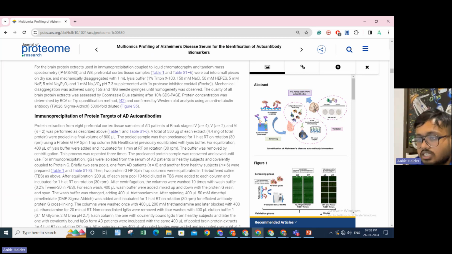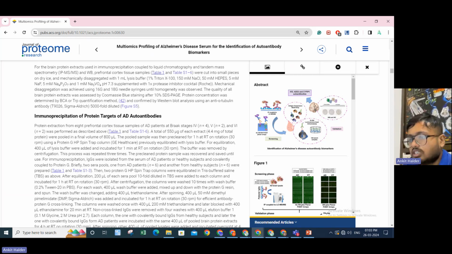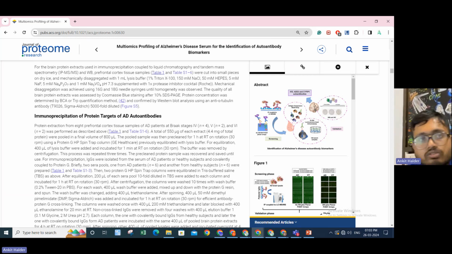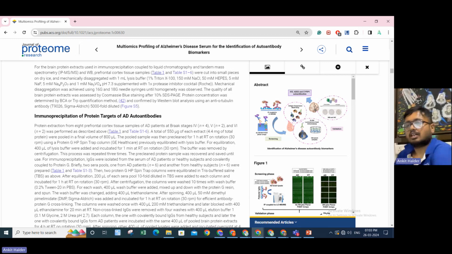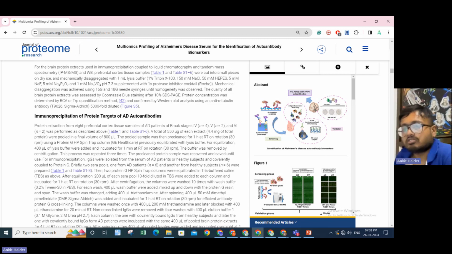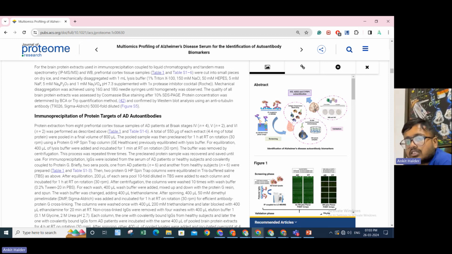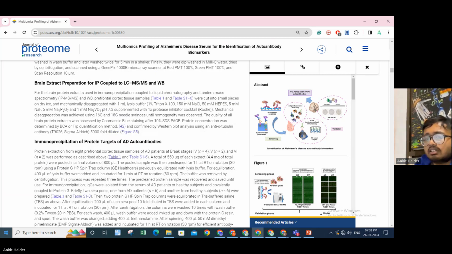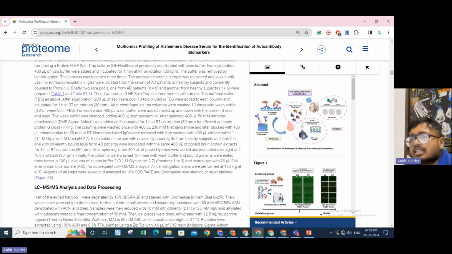The wash buffer was changed. I will tell you the concept of what is happening if you are not able to follow. The wash buffer was changed after spinning. 400 microliter DMP was added for efficient antibody-protein G cross-linking. The beads were washed and later blocked, and then finally the samples along with brain extracts were incubated overnight after spinning.